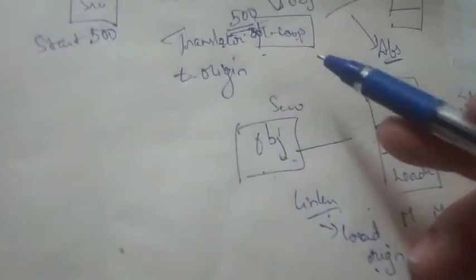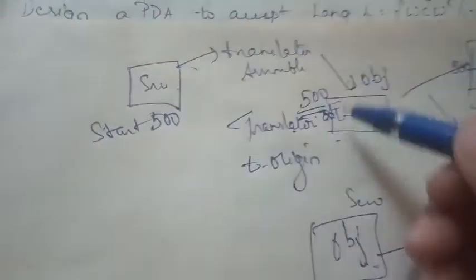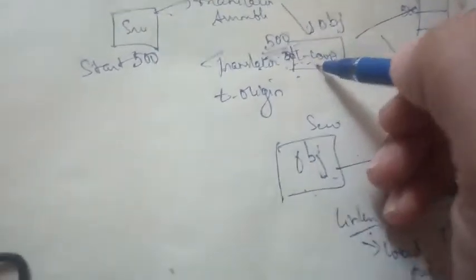So if the program is loaded at 900, then the next line automatically will be 901. The first is 500, the next line is 501, and in 501, if you have any symbols, they are referenced by adding the relocation factor.